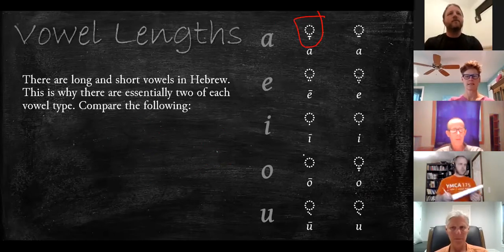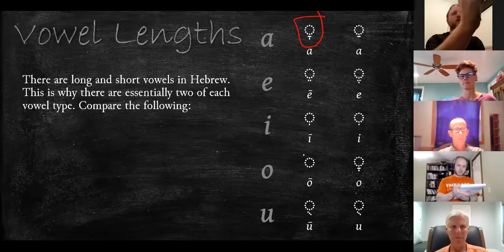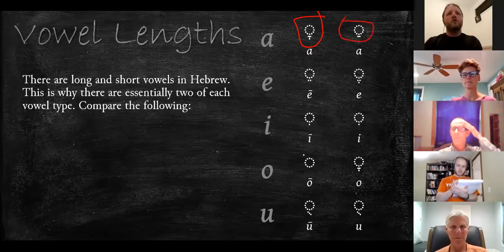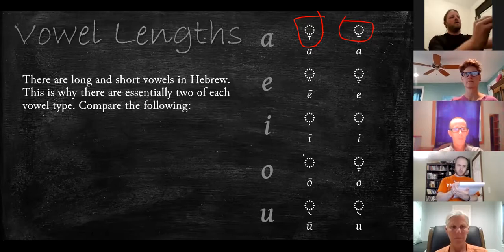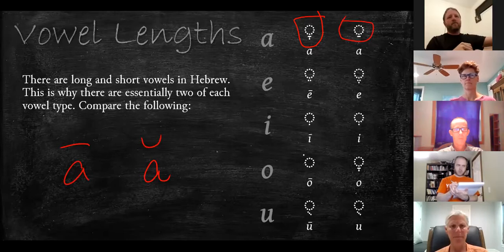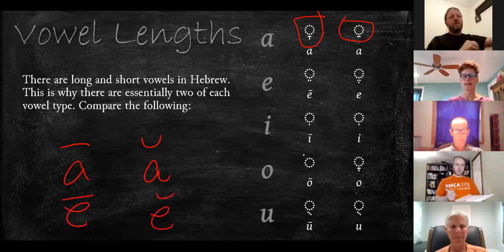So if we look at this one, which is called kamatz, kamatz is a long A. It's considered long, even though it sounds the same as a short one. When we talk about long and short, we're not talking about sound. Like in English, long A says A, and short A says a, long E says E, and short E says eh.